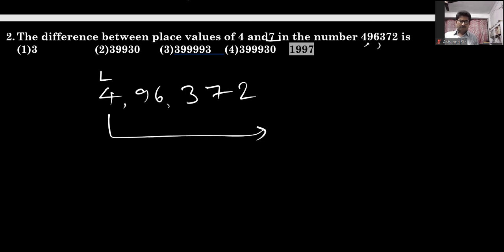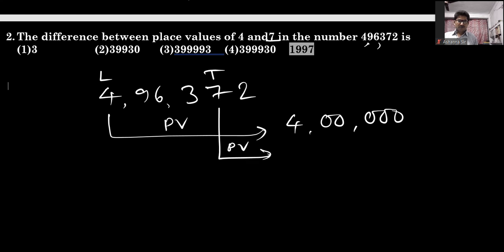So 4 lakhs. This is the place value, children. Next, we have to know place value of 7. So it is in tens place. So place value of 7 is 70.